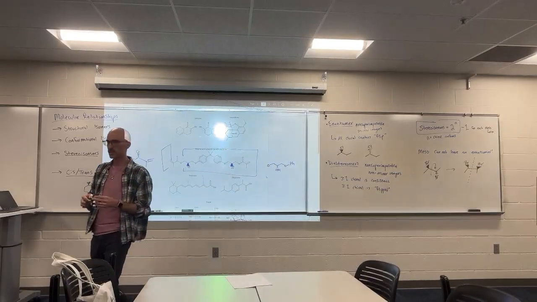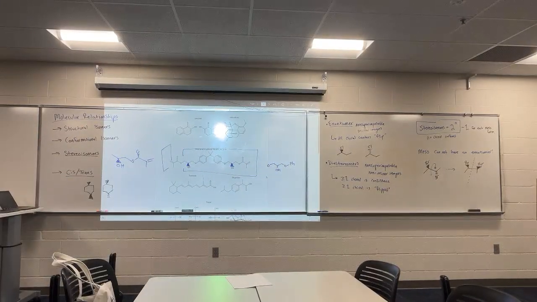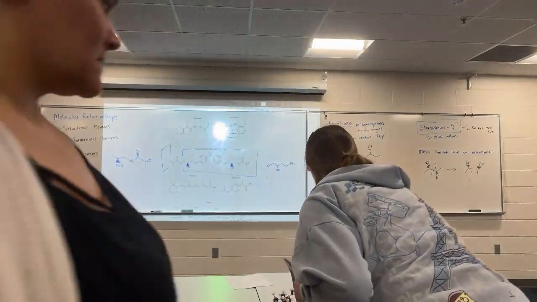Okay, did you find your pairs? What do you guys have? Enantiomers, diastereomers, or identical? Can you see how you can't get them to superimpose no matter what? Mirror images. What do you guys have? Yeah, it might be easier to put them in a zigzag conformation, so the carbon chains are really easily lined up.